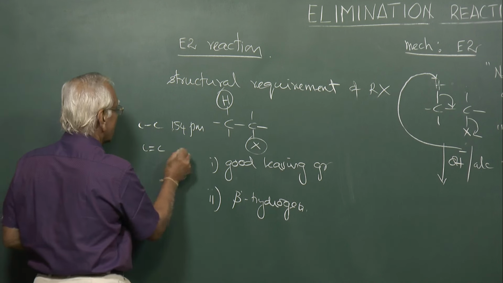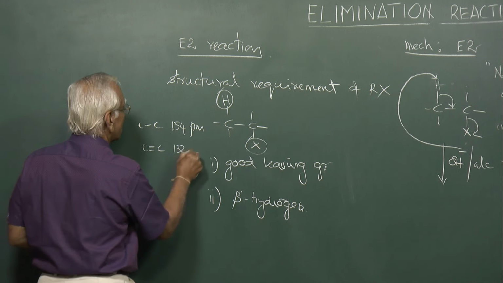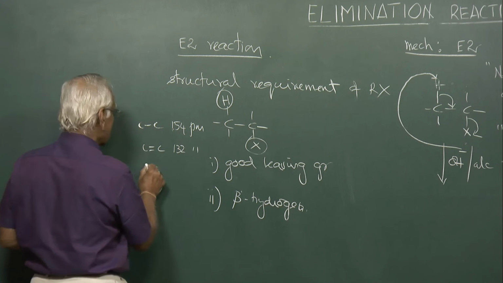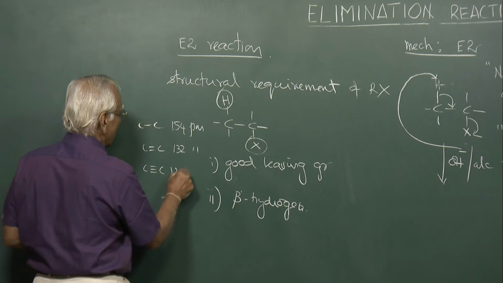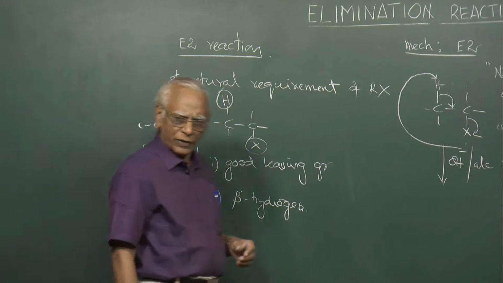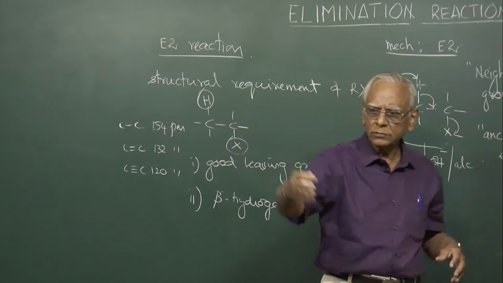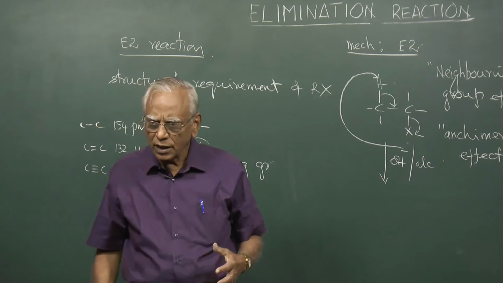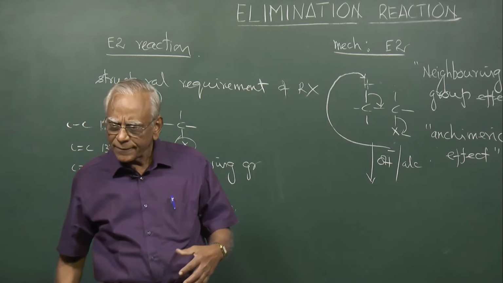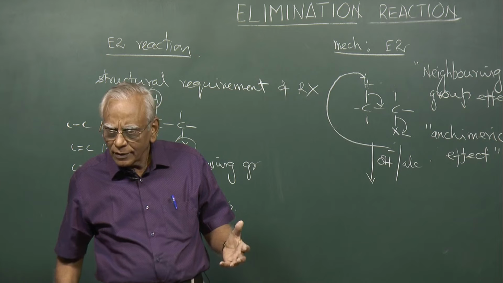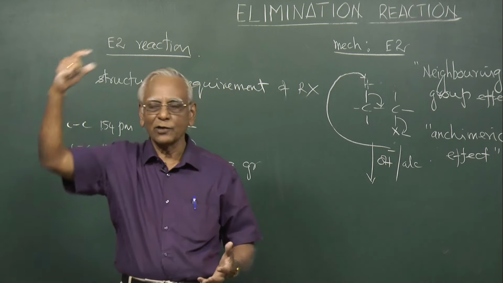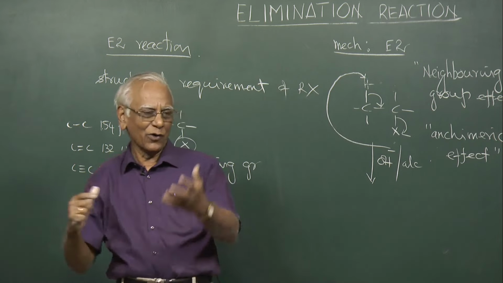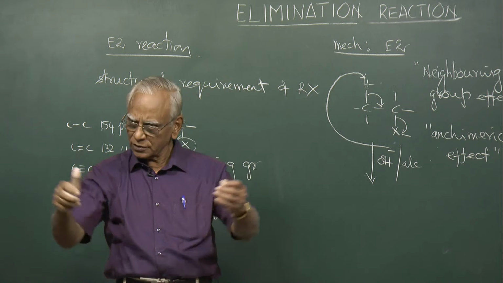Carbon-carbon double bond, tell me. 132 or 133 picometers. Carbon-carbon triple bond, 120 picometers. We know. Why should the bond distance become less as the bond multiplicity increases? Because of the lateral overlap. For the lateral overlap to take place, the two atoms should come closer.